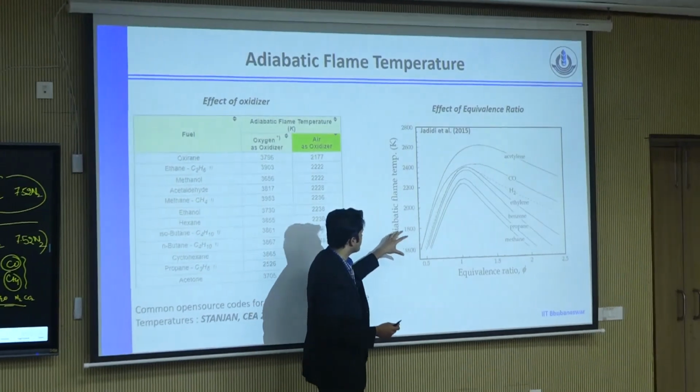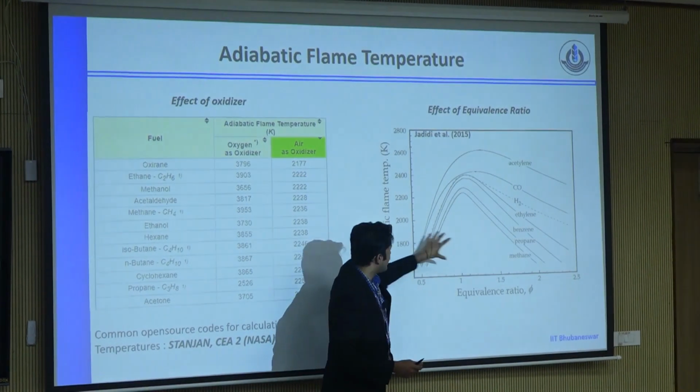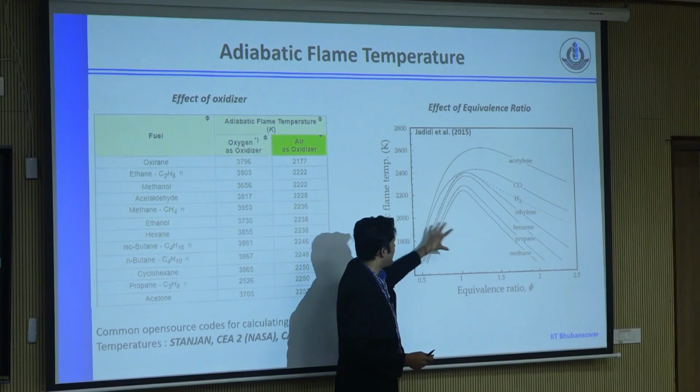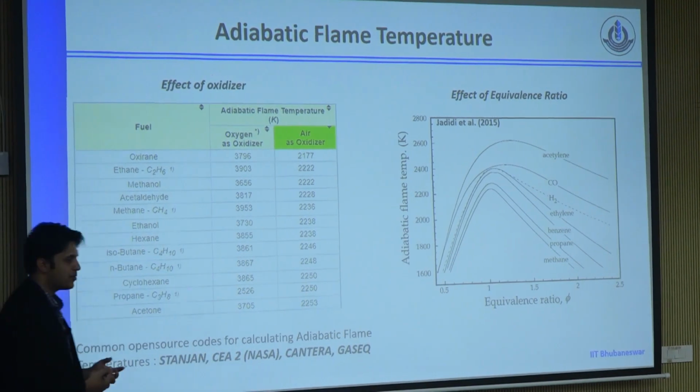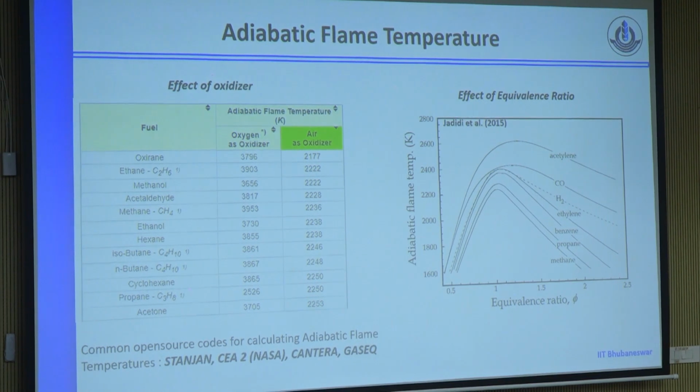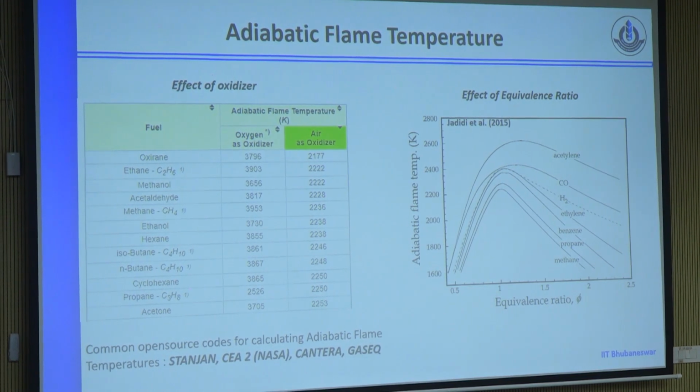But in general, towards lean and towards rich mixtures, you get lower adiabatic flame temperatures. At stoichiometric or slightly rich mixtures, you have the peak temperatures, right?